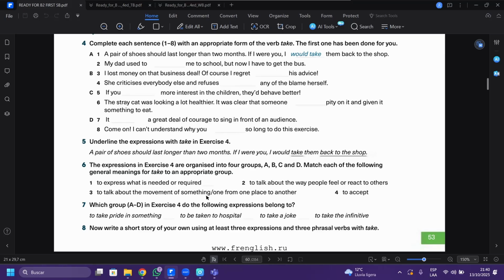Number 2. In which group, A, B, or C? To talk about the way people feel or react to others. Letter C. Now, to talk about the movement of something or someone from one place to another.